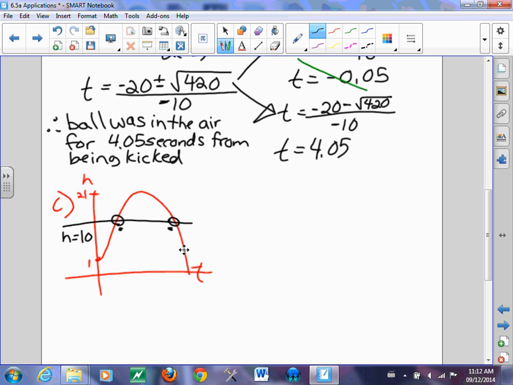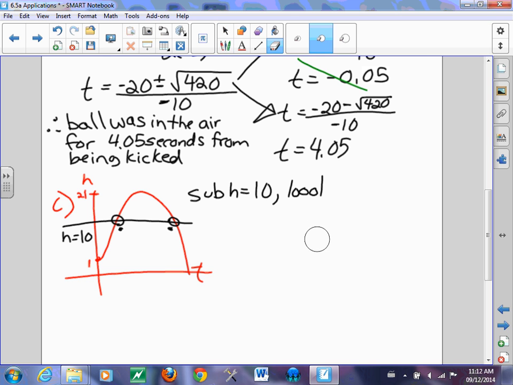We're also looking for delta t, the change in time. I'm going to put that down so you remember to do that at the end. It didn't say at what 2 times it was at 10 meters. It said for how long it was above 10 meters.